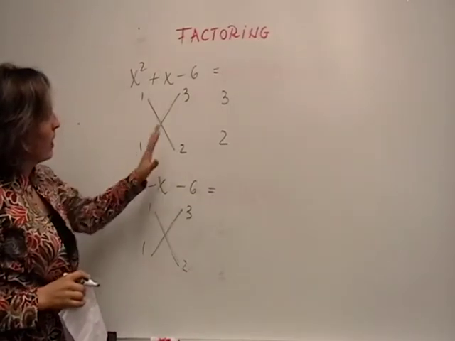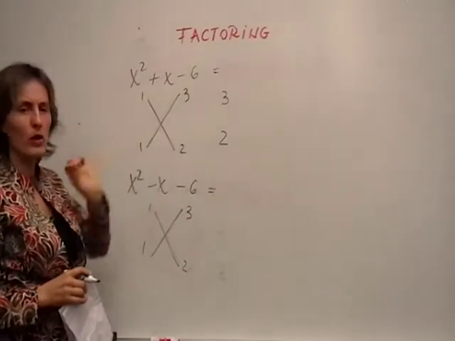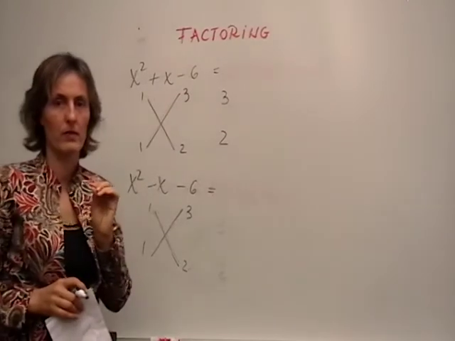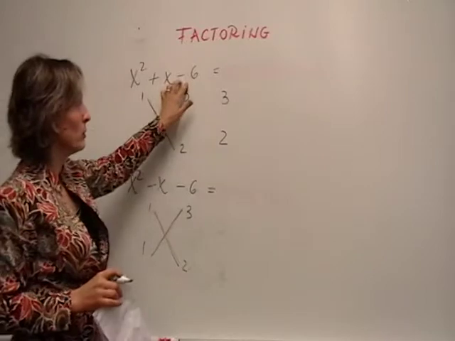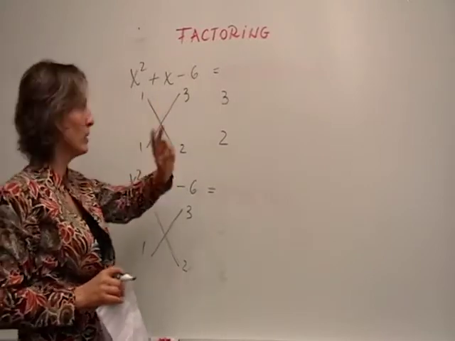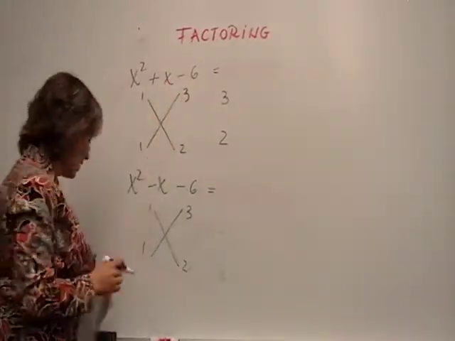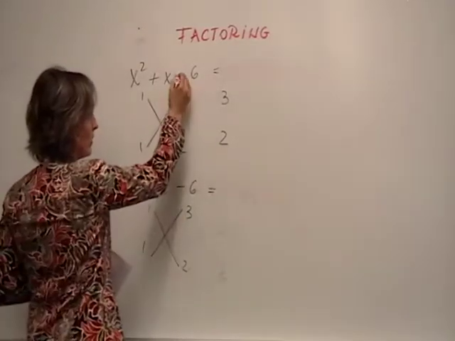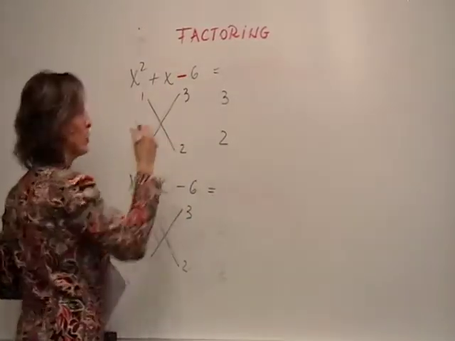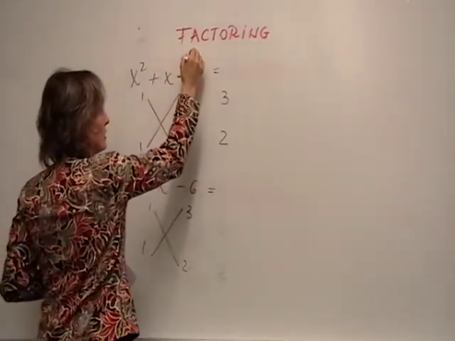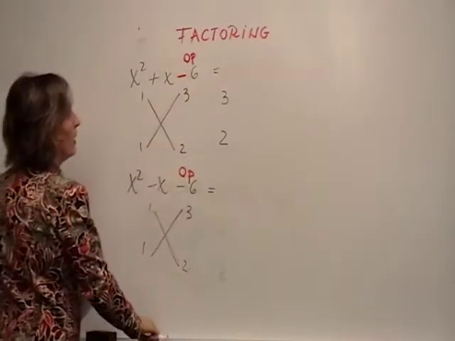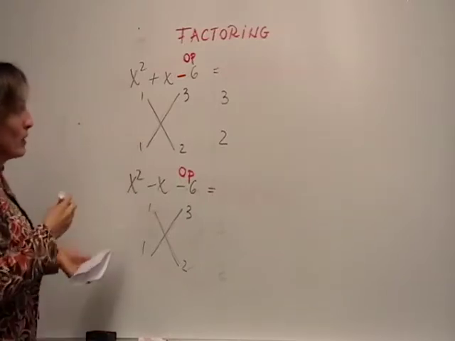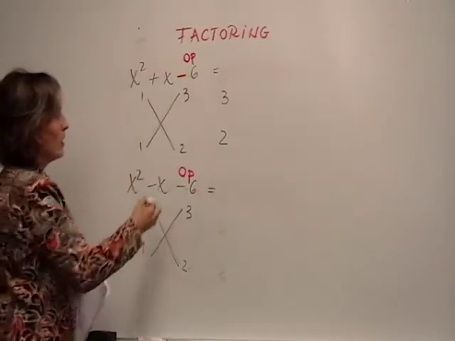Are they going to have the same sign or not? No, because only by multiplying two different signs will we get a negative product. So here I could say, every time you see negative for the last term, you will say opposite signs. Opposite signs.